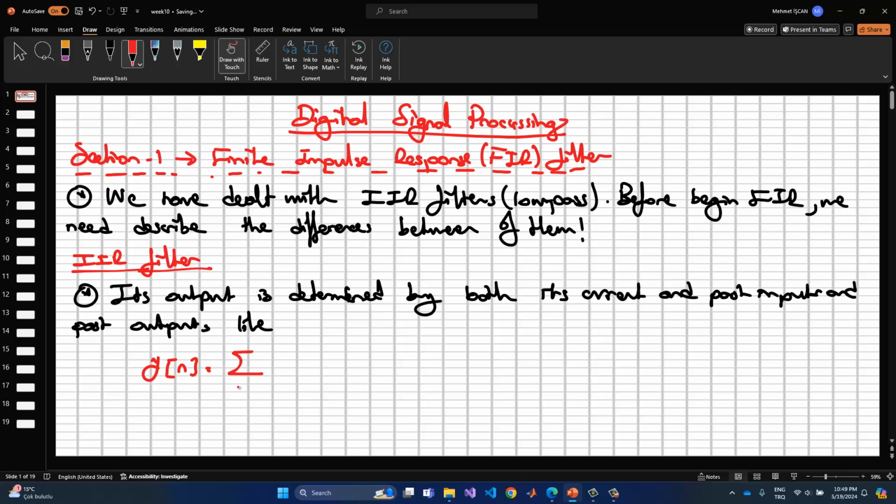And so we can collect all the terms, firstly beginning with k equals 0 up to M, a_k times y[n minus k]. This is a backward index in here just like this one. And also we should collect k equals 0 up to N, b_k times x[n minus k]. Okay.